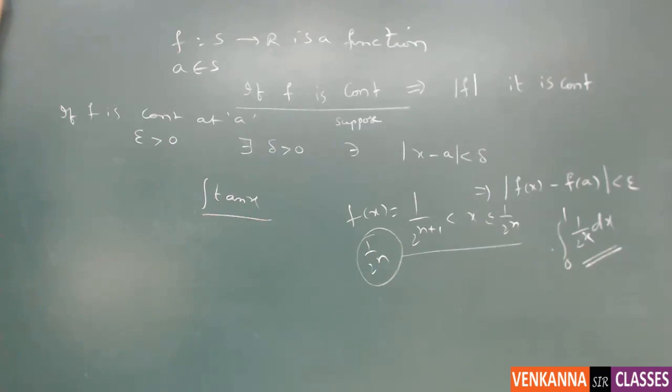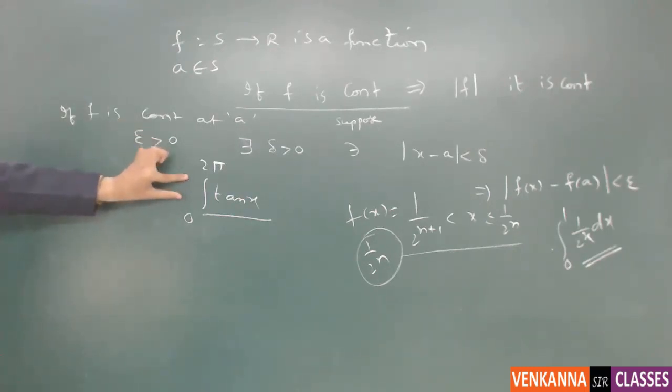If you take an interval, say integral 0 to 2 pi, can we say that tan x is a discontinuous function at infinitely many points? In this interval it is discontinuous at finitely many points.